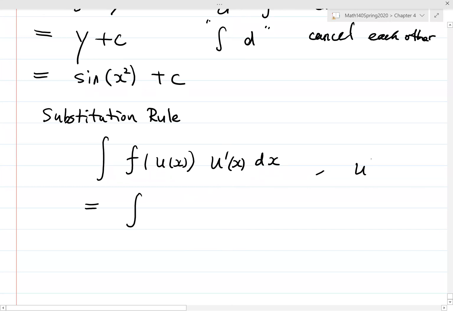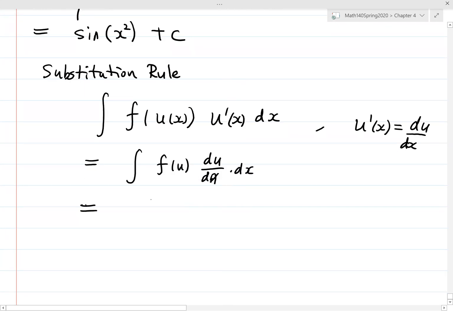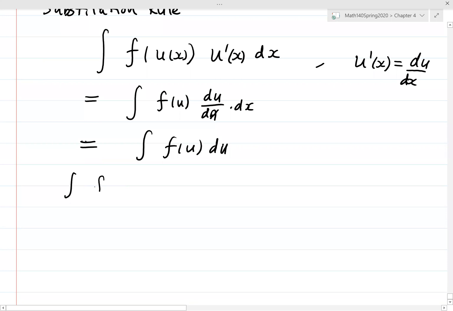Write u prime as du over dx, so this is f of u times du over dx times dx. The dx cancels dx, so you get f of u du. So the integral of f of u of x times u prime of x dx equals the integral of f of u du. This is the substitution rule.